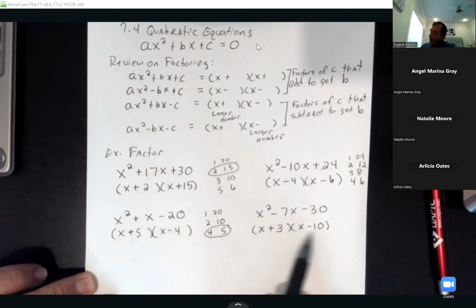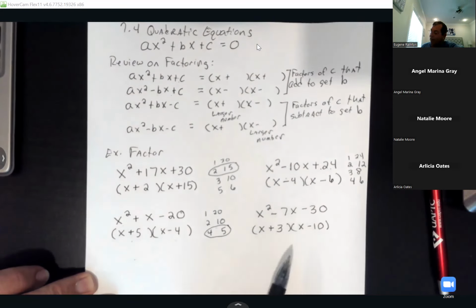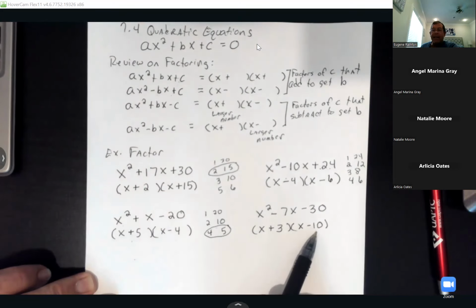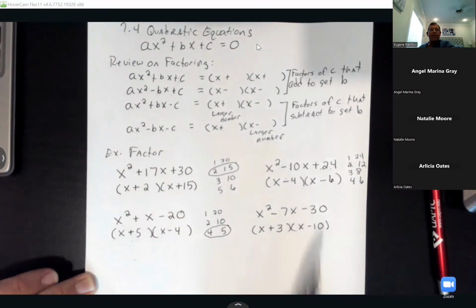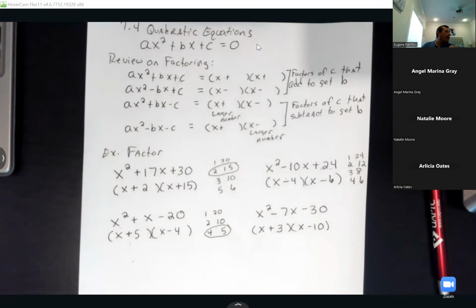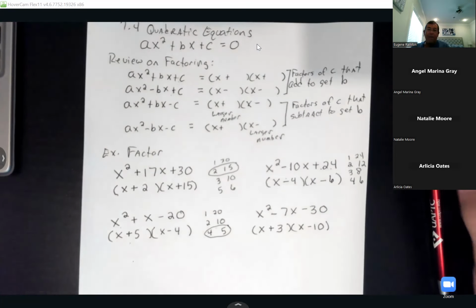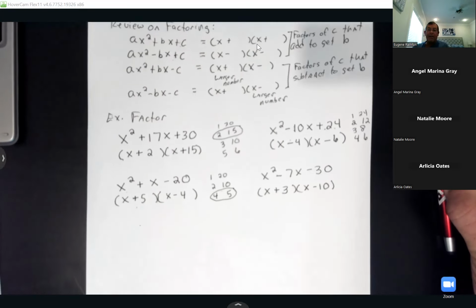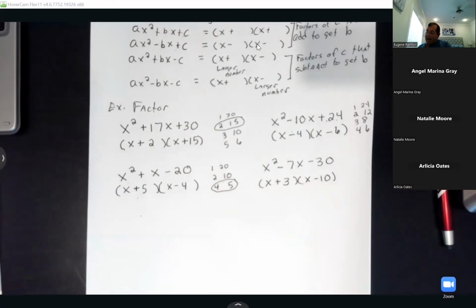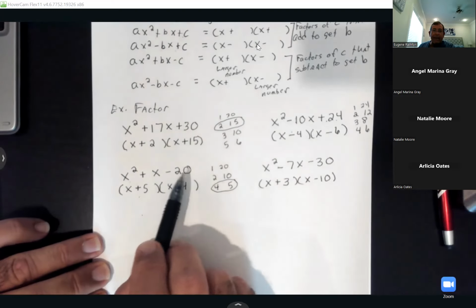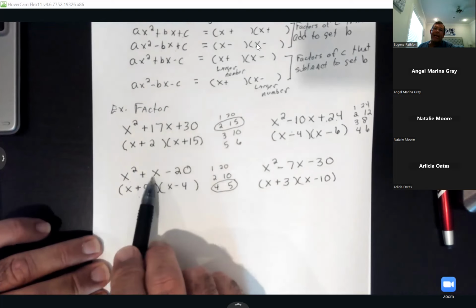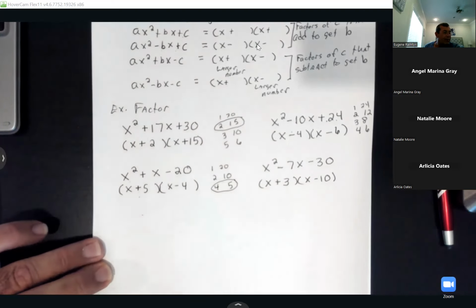So if you add that, 3 and negative 10 give you negative 7. If you multiply 3 times negative 10, you get a negative 30. So y'all, that's the trick on factoring, is just finding those factors that multiply to get the last number, but they add to get your middle number.